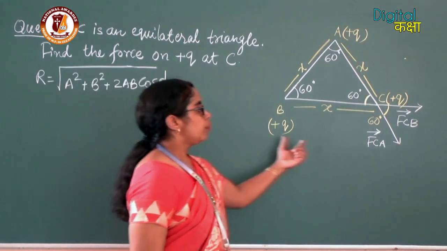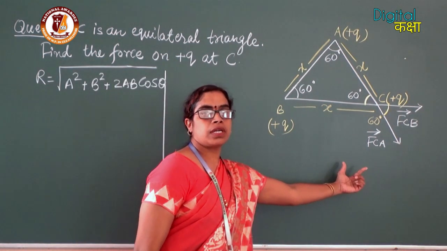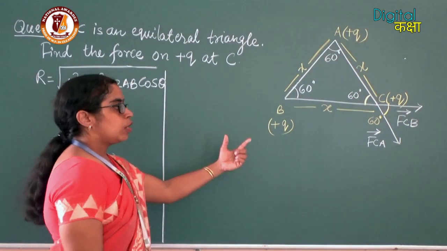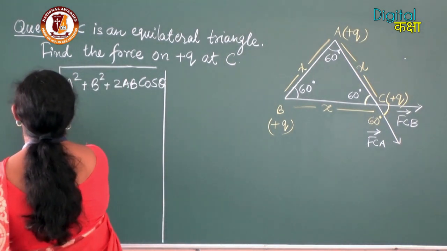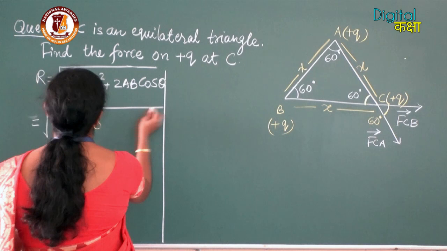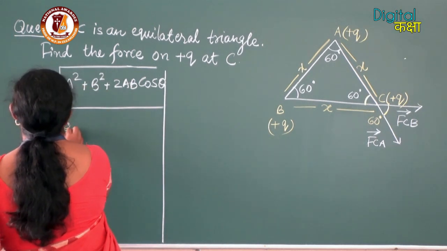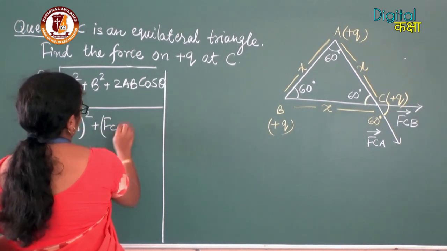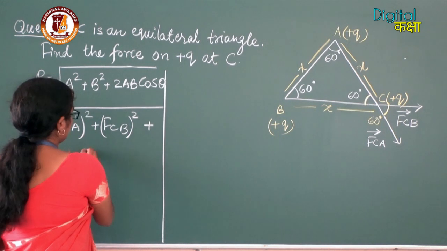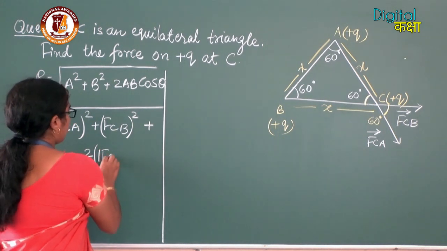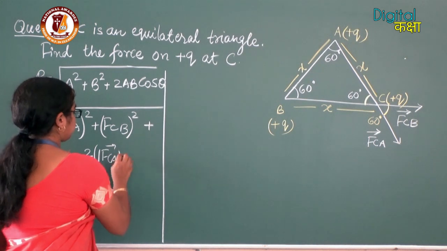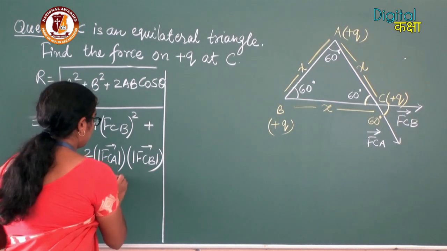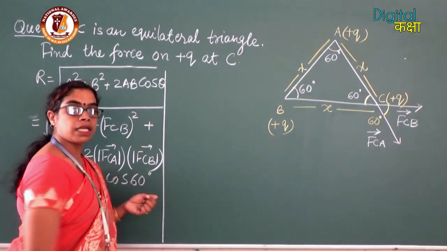Here let us say vector FCA is acting as vector A and vector FCB is acting as vector B. So after substitution of these values, this formula can be changed into FCA whole square plus FCB whole square plus 2 magnitude of FCA, magnitude of FCB into cos 60 degree.